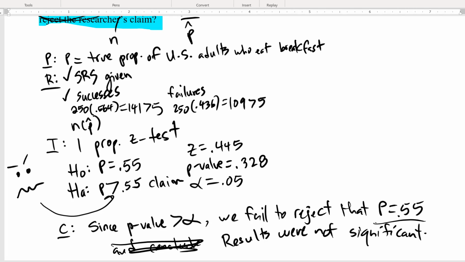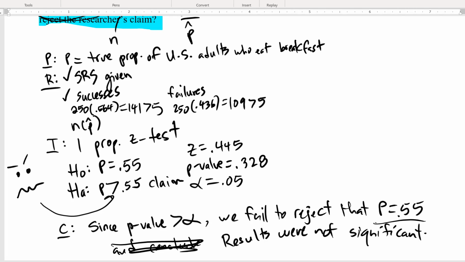But if you can state the parameter, check the requirements, run the right test, state the right hypotheses, test statistics, and conclusion, I'm looking at 5 total points. Okay? So little mistakes aren't going to be right or wrong. I will be grading these by hand.